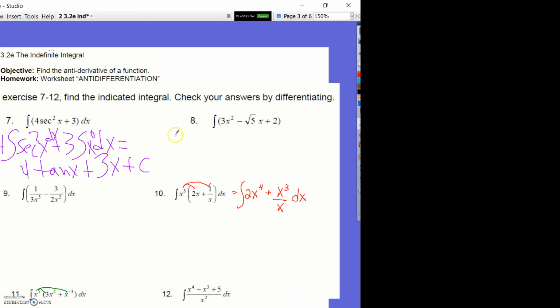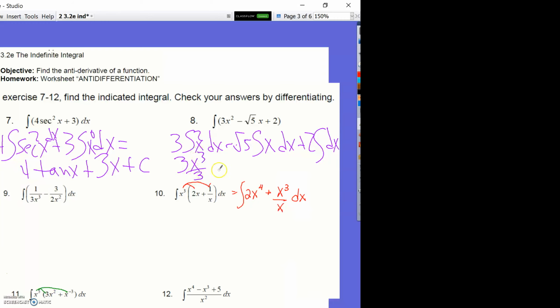Number 8. Separate them out. 3 integration of x squared dx minus, that square root of 5 is your coefficient, so it goes in front. So inside the integration sign is just x dx plus 2 antiderivative dx. So normal rule or power rule, simple power rule for the first one, 3x squared becomes 3x cubed.